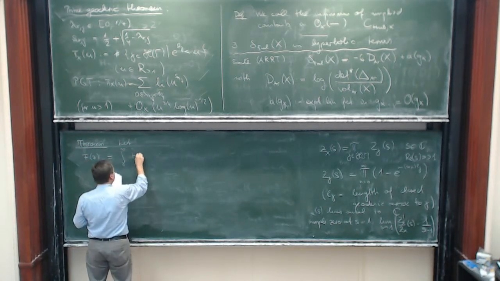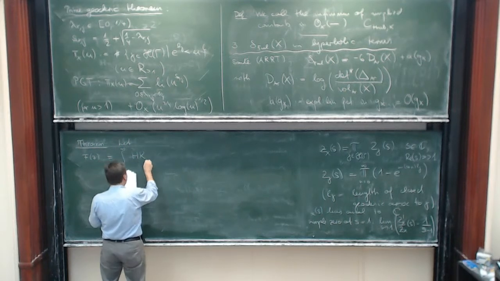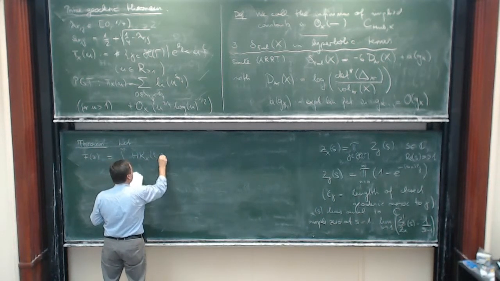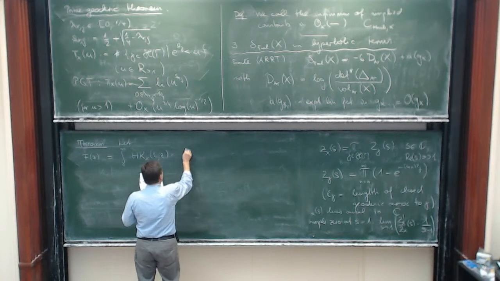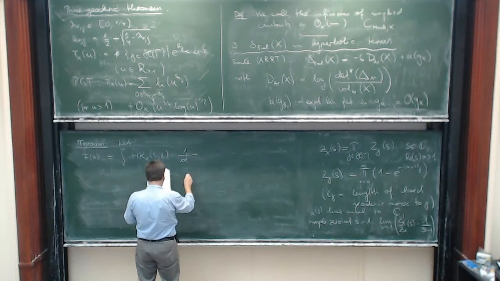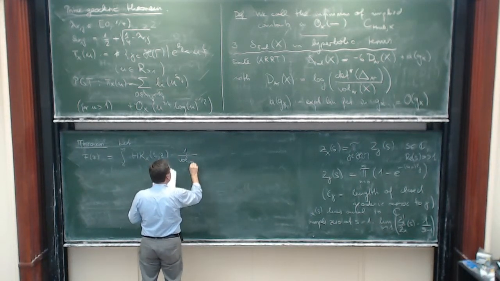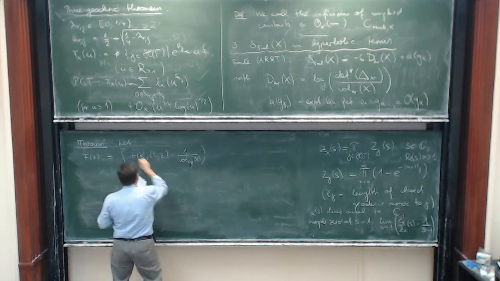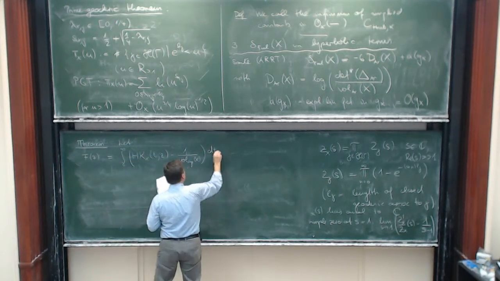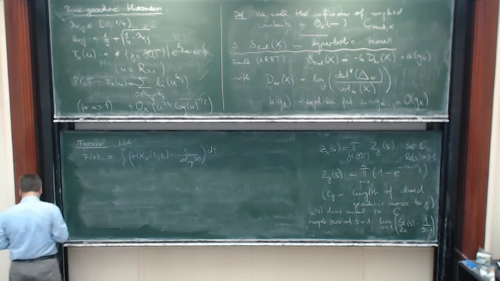You integrate this heat kernel on the diagonal where the identity term has been omitted. Make it convergent by subtracting the constant term, so to say. So now it's convergent, and then you can integrate along t, so you get a function of z.